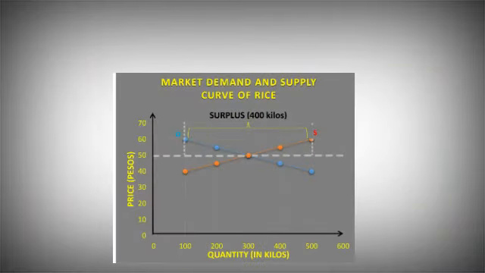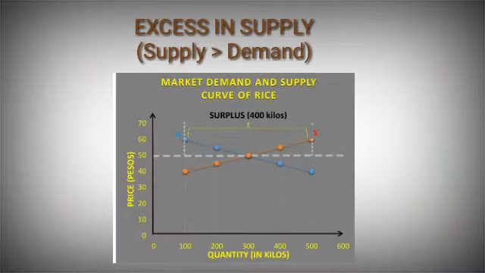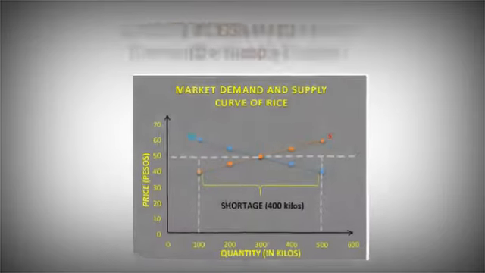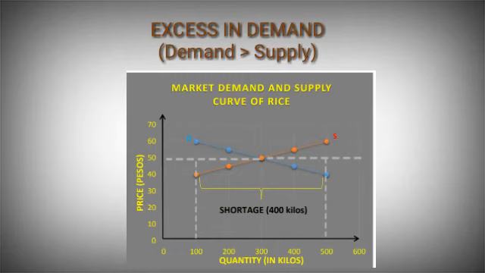Those that are above the equilibrium denote an excess in supply, known as surplus, where supply is greater than demand. Meanwhile, those that are below the equilibrium denote an excess in demand, known as shortage, where the demand of rice is greater than the supply for it.